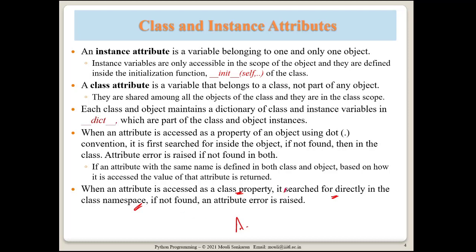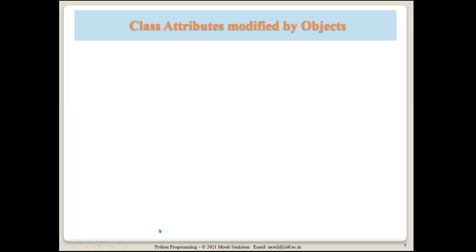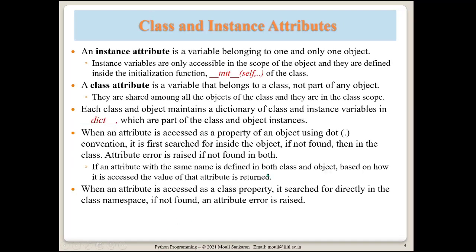It doesn't matter whether you have the same name as an object attribute, it won't go back there. Once you are accessing it with a class label, it will only look into the dictionary of the class for that variable in the class scope. So even if you have a same-name variable in the object dictionary, it won't be accessed. It will give an error if it is not found there. I think this is clear; if any doubts are there, please come online.